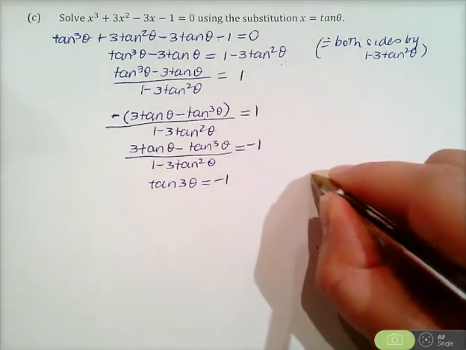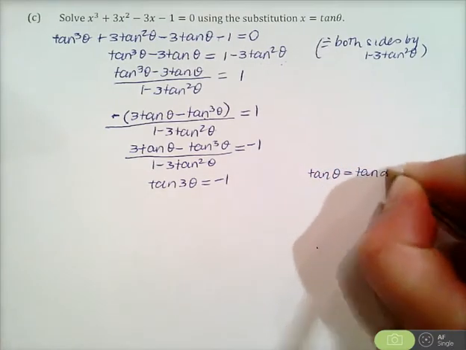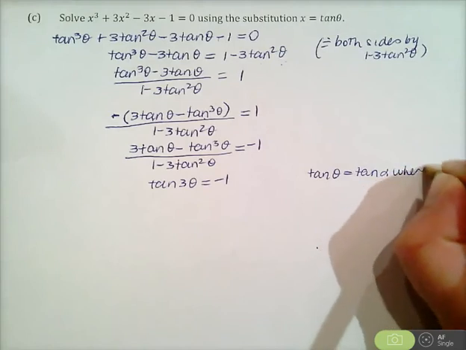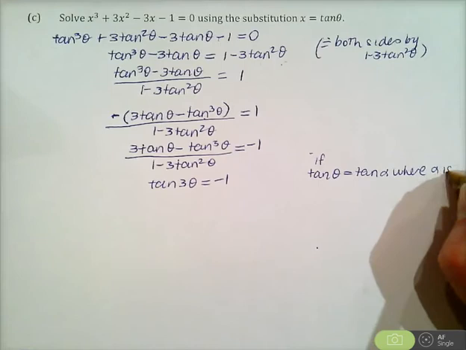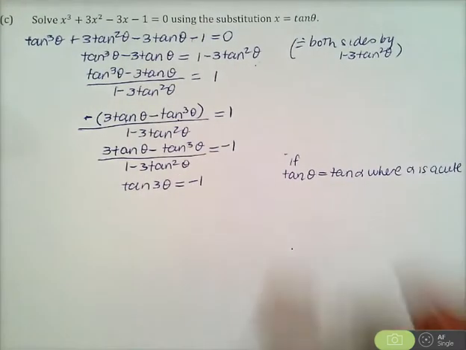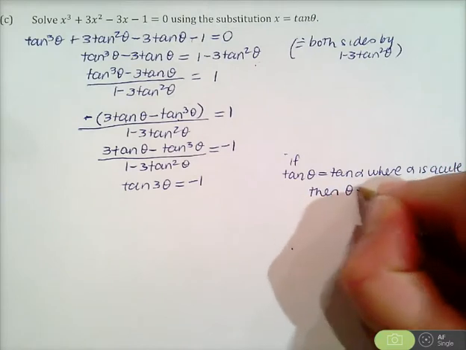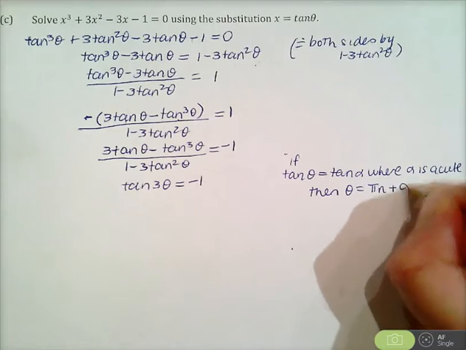Remember, general solution for tan, the rule is this: tan theta equals tan alpha. So if tan theta equals tan alpha, where alpha is acute, then theta equals 180n or pi n plus alpha.